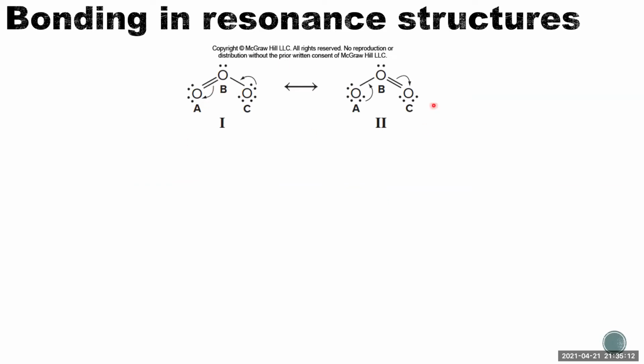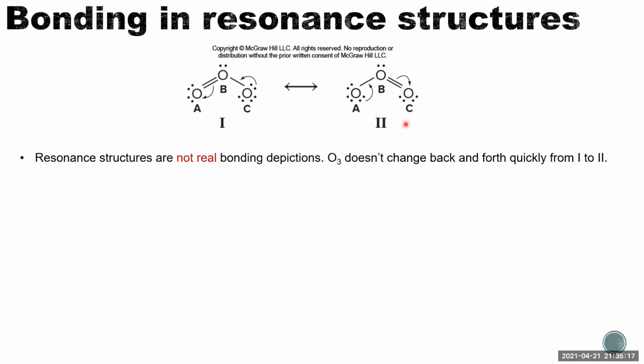I include the resonance structures of ozone here, but I would like you to know that resonance structures are not real bonding depictions, which means usually the double bond, if it's an oxygen-oxygen bond, should be stronger than the single bond, which means the double bond should be shorter than the single bond. And that will lead to different bond lengths between the central oxygen and the two terminal oxygens.